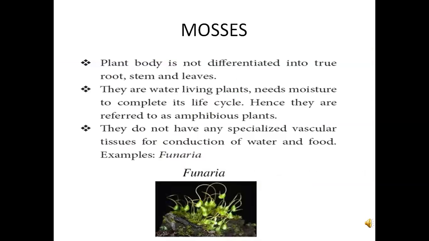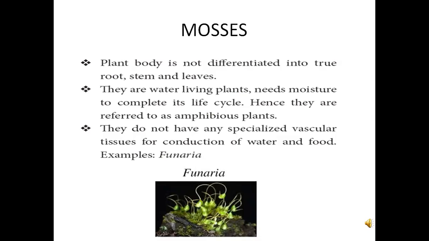Next one, plants that do not produce seeds. For example, mosses. The plant body is not differentiated into true root, stem, and leaves. They are water living plants and need moisture to complete their life cycle. They are referred to as amphibians of the plant kingdom.